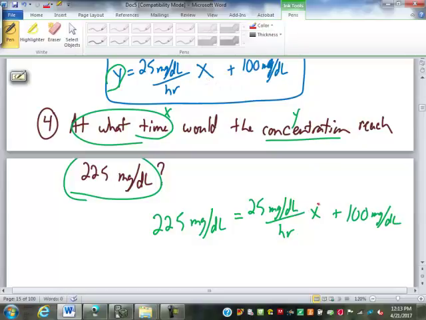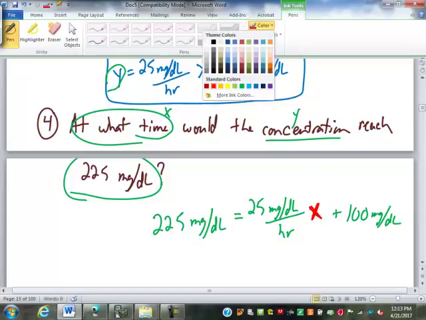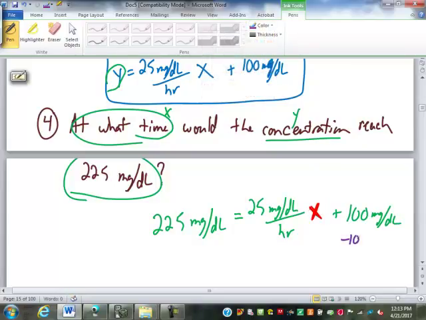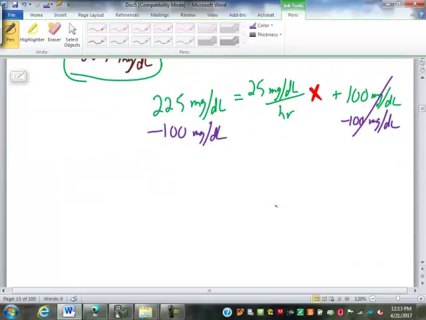So to solve for x here, we have to get x by itself. We'll subtract 100 milligrams per deciliter. So 225 minus 100 is 125 milligrams per deciliter.